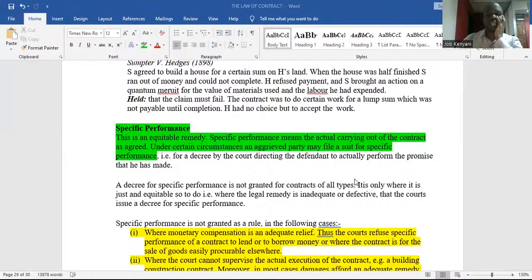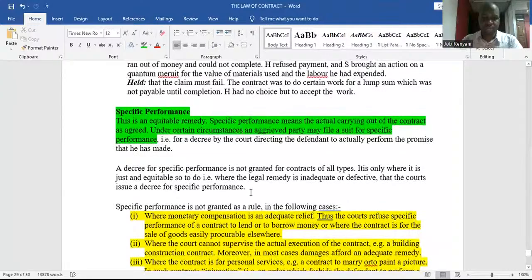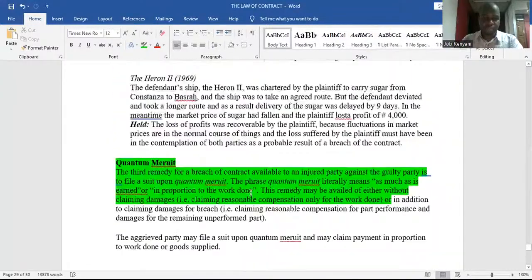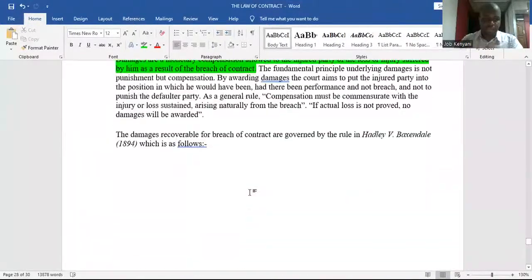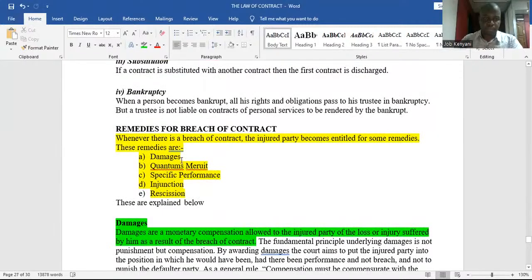So I can see Mary saying she's taking short notes. So what I'll do, let me just extract this particular area. Then I think I can share it on the group. So remedies for breach of a contract.